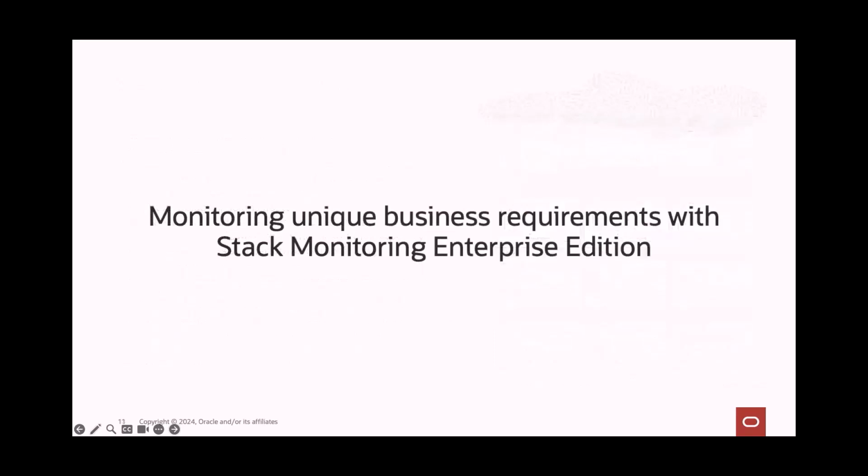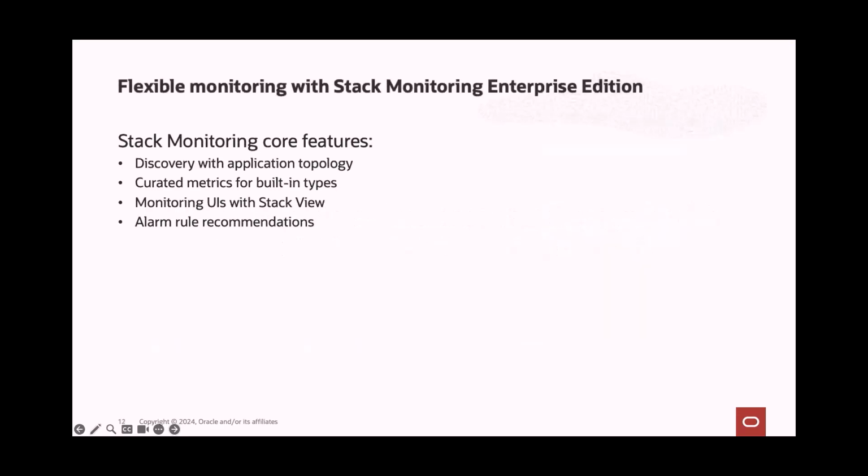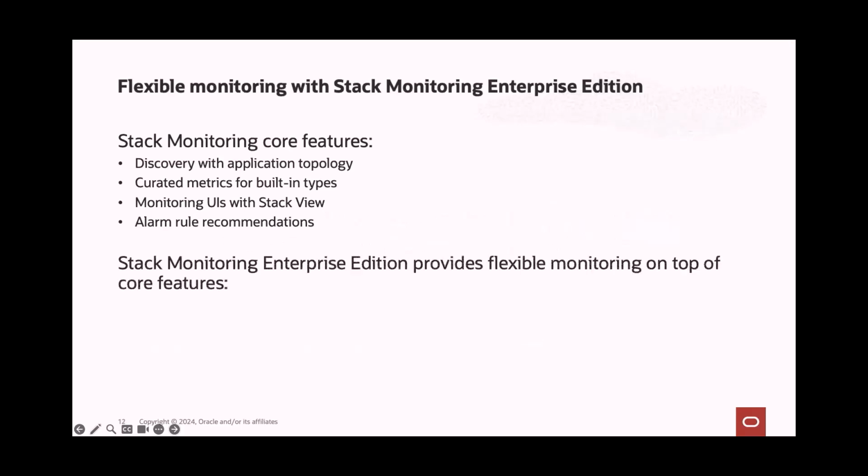So, monitoring those unique business requirements, why we're here, is done with Stack Monitoring Enterprise Edition. It builds on the current set of core features that I just discussed in the Standard Edition. Stack Monitoring Enterprise Edition provides the advanced, flexible monitoring capabilities required for monitoring unique, mission-critical applications.